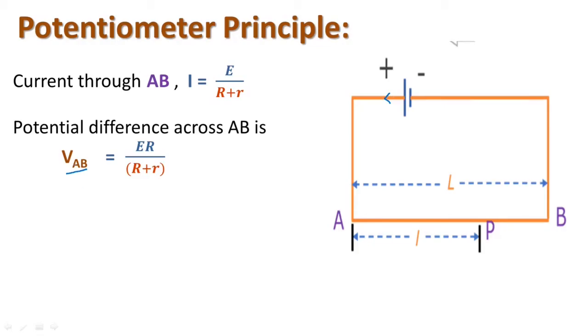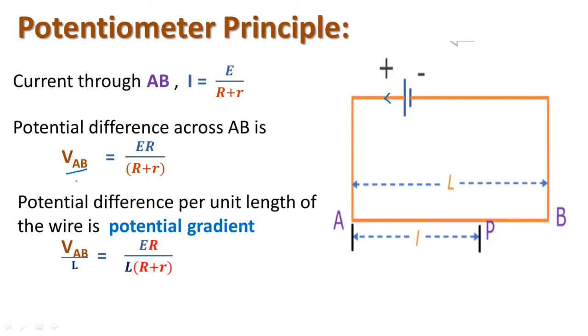Dividing this equation by L, we are getting potential difference per unit length of the wire, that is called as potential gradient. Potential difference per unit length of the wire is known as potential gradient. VAB divided by L is equal to ER divided by L into bracket R plus small r.